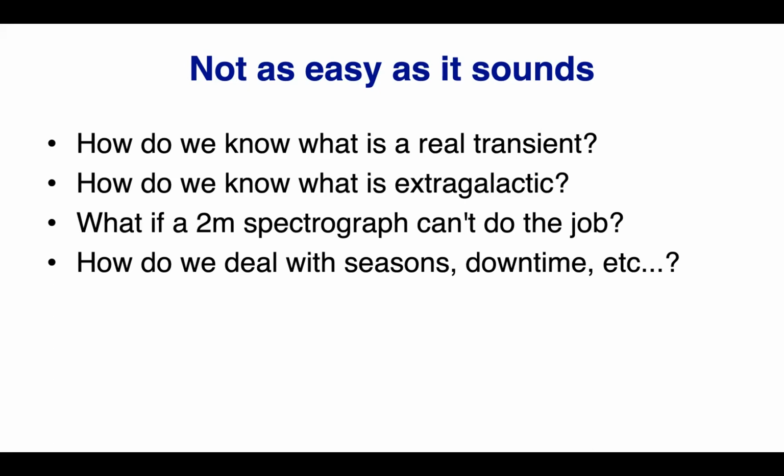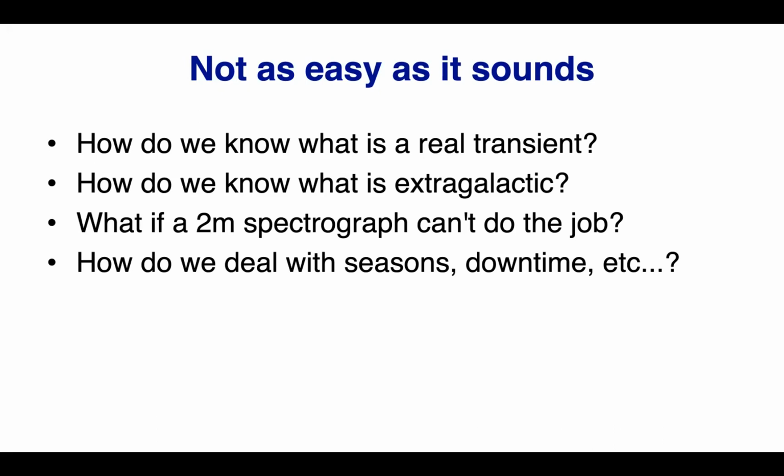Some things fade too fast. They get too faint by the time that we can get to them, and a 2-meter telescope is not enough. Some things just have features that are too subtle, and you need higher signal to noise than what we can achieve with the 2-meter spectrograph and so on. So you do need other resources as well, and we have to deploy those much more limited resources more intelligently.